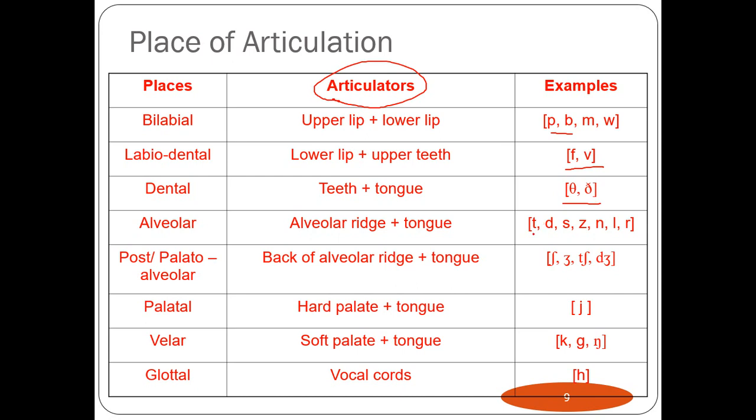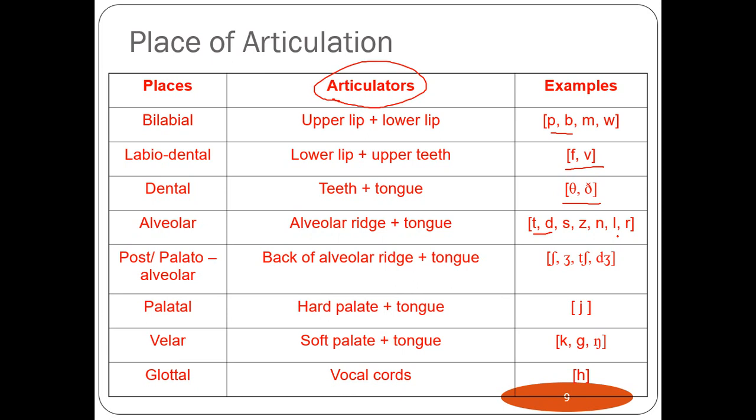So we also have another classification, alveolar. And this is the largest family as far as place of articulation is concerned. We have sounds such as t, d, s, z, l, r. Why?